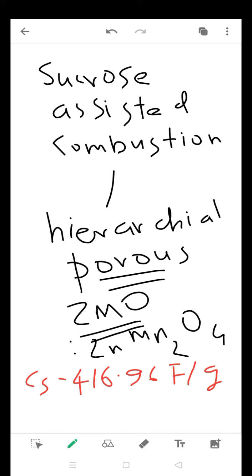This specific capacitance is actually the capacity to store energy. F stands for farad, which is a charge storing capacity, so how much energy you can store is determined by this specific capacitance. In this case it has been found to be 416.96 in 6 molar KOH solution, at a scan rate of 5 millivolt per second. This has been the property of this material.